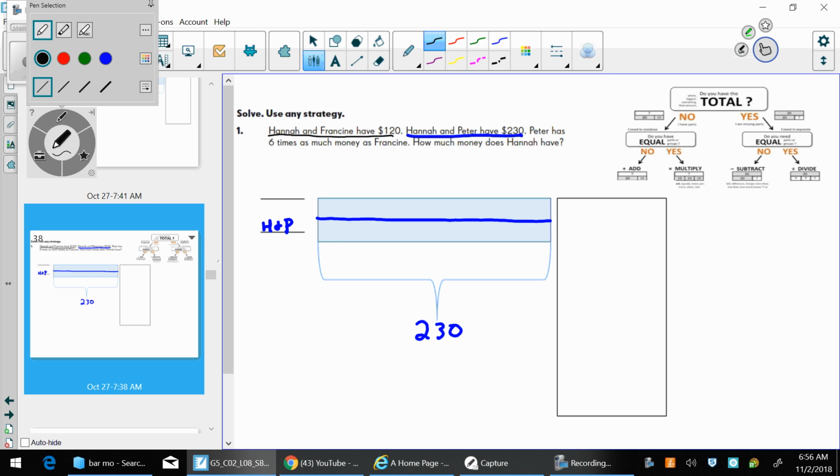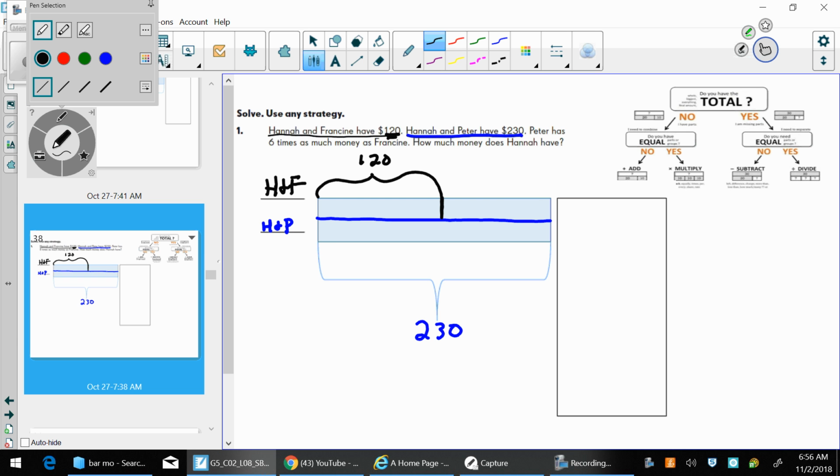And up here I also have another problem. It's Hannah and Francine, and this is $120 total, which is slightly more than half of what Hannah and Peter had. So I look at that as 120.